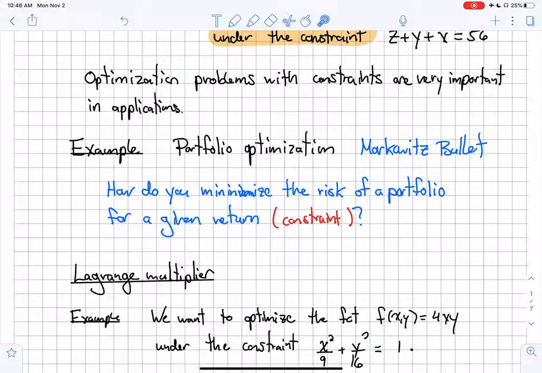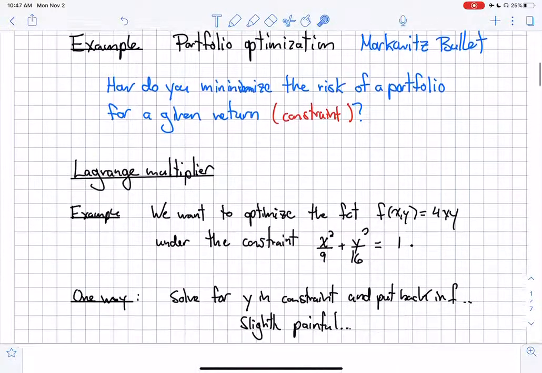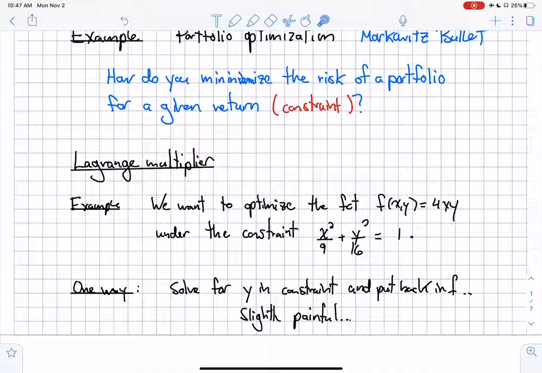All right, so how do you do these kinds of problems? Let's illustrate it with an example. Let's say I have a function of two variables. By the way, the method works for any number of variables. I want to optimize it, so find the maxima and the minima under a given constraint.